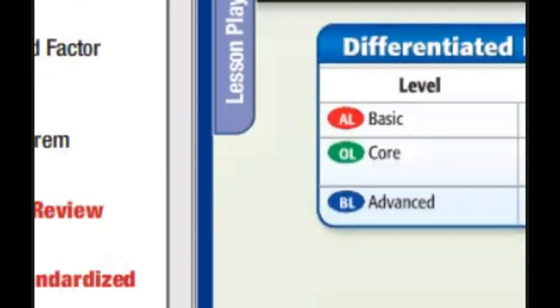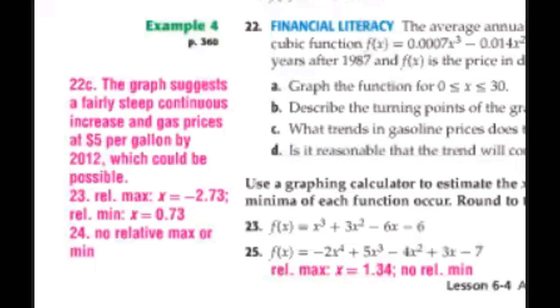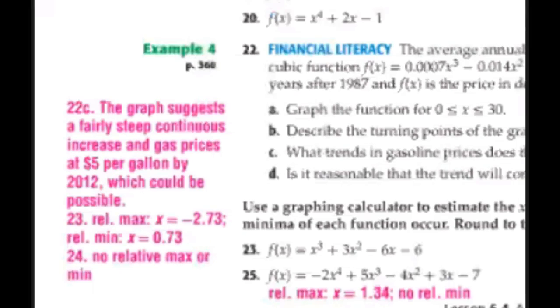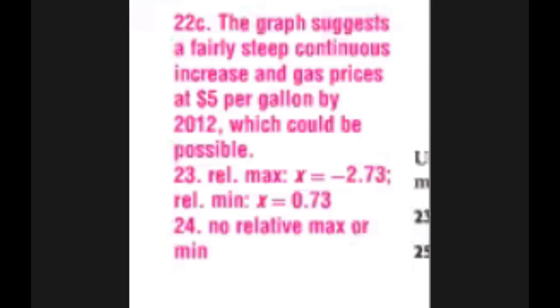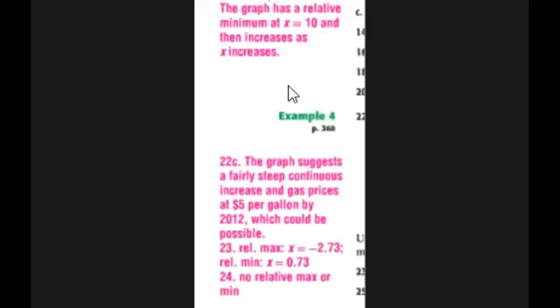Oh, it says in the answer. I did not see it. Well, we'll go back over. So here's just your parts to part C. And then here's part B. Sorry, the online answer keys are a little goofy.